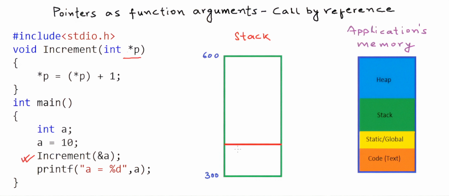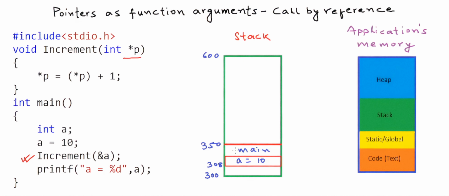Let's say this is the stack frame of the main method, and there would be a local variable a in this main method. Let's say the address at which a is stored is 308. This may not be in proportion, but still let's say this is how it is stored.